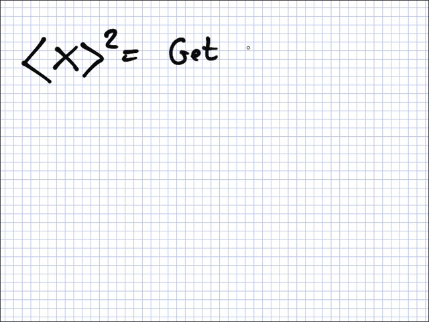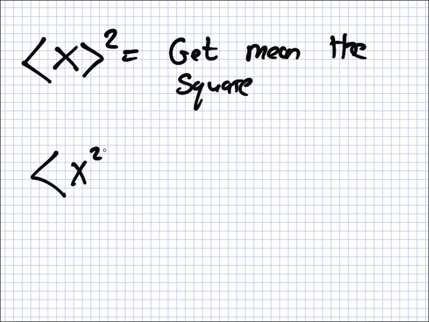Now, before I give you the next formula, I just need to give you a little bit of notation here. This symbol here means you get the mean, then square. Whereas this here, you could probably guess what this means.